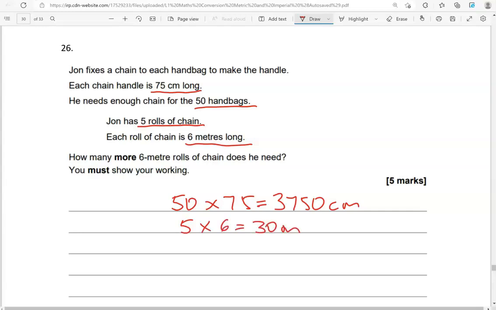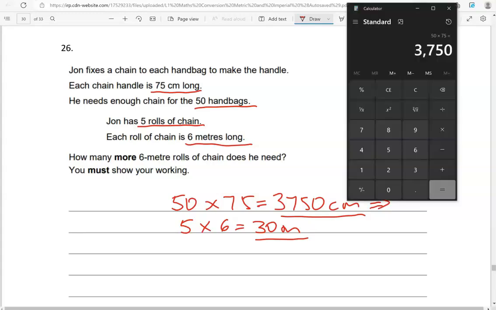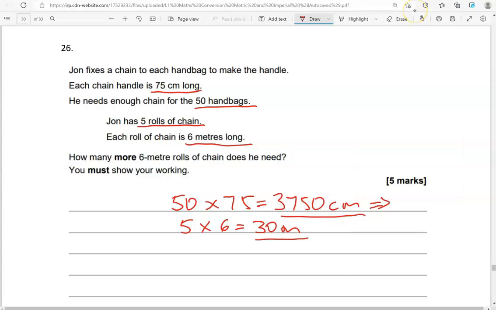Now we need to work out how many more 6-meter rolls of chain he needs, but we've got these in 2 different units, in meters and centimeters. So if I convert this into meters, it might be easier to work with. So 3,750, if I divide that by 100, because there are 100 centimeters in a meter, you get 37.5 meters.